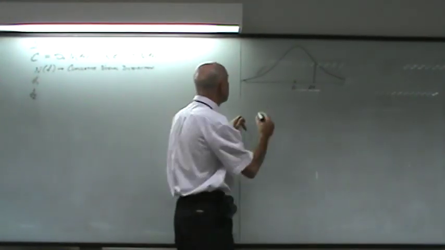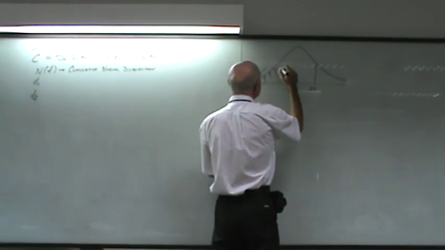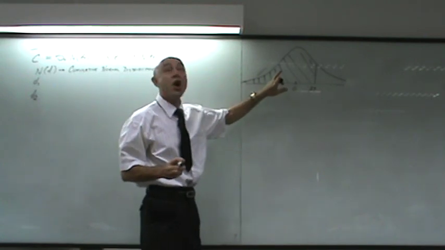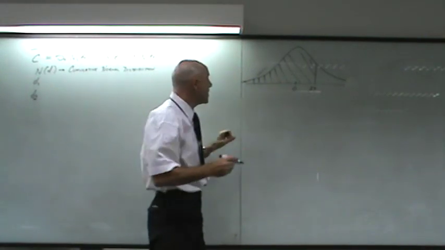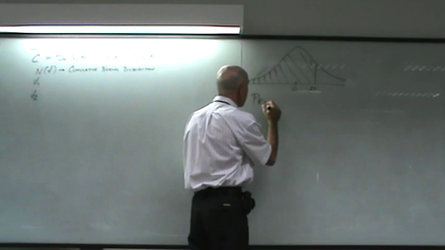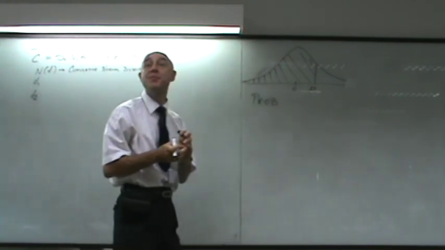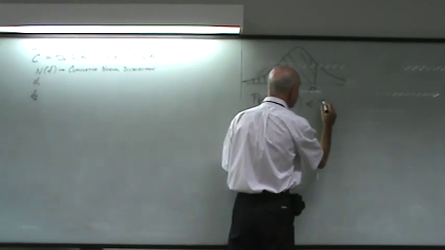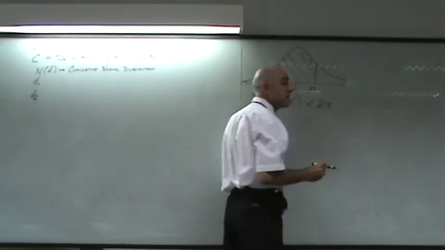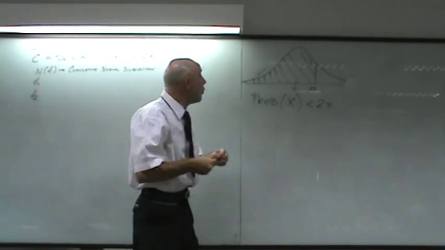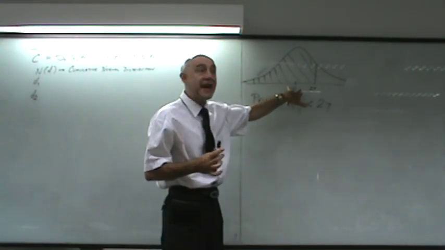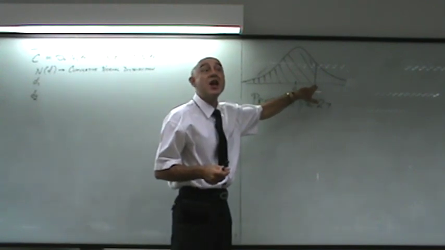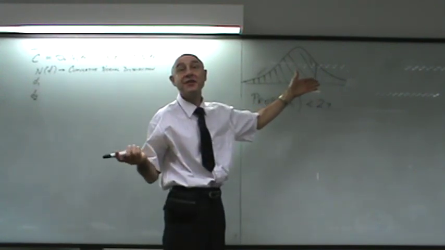The cumulative normal distribution is this area over here, the probability that X is less than 2.7. In other words, what's the probability that you will observe the variable to be lower than 2.7?